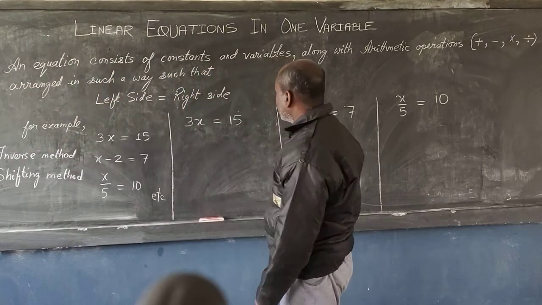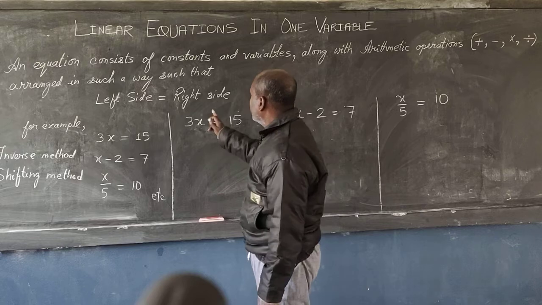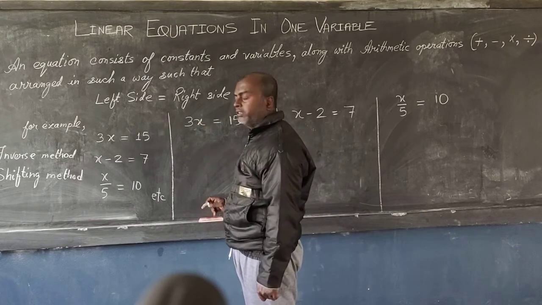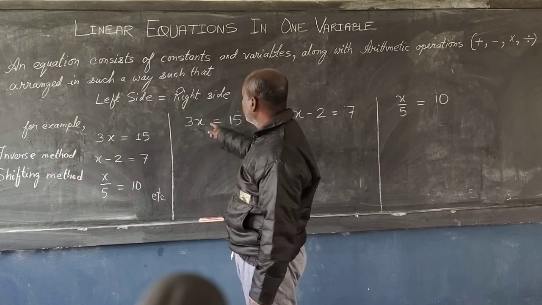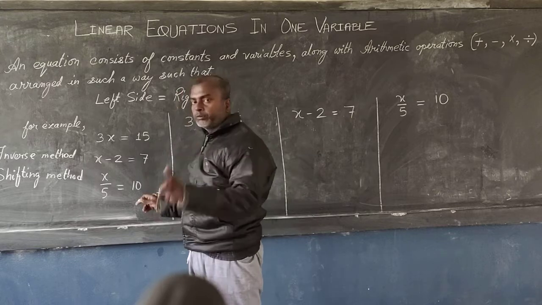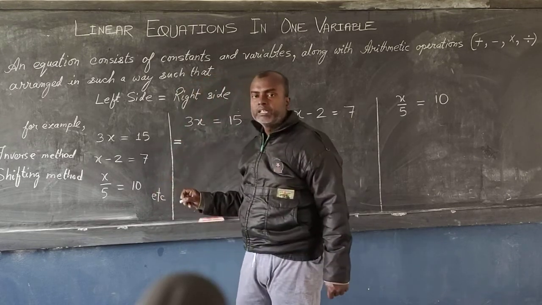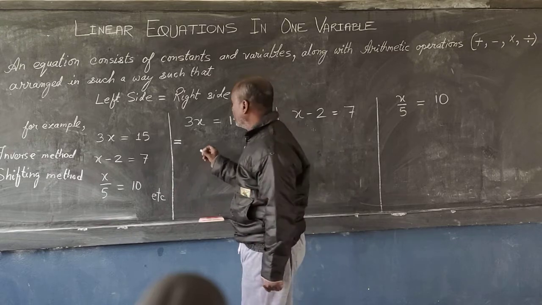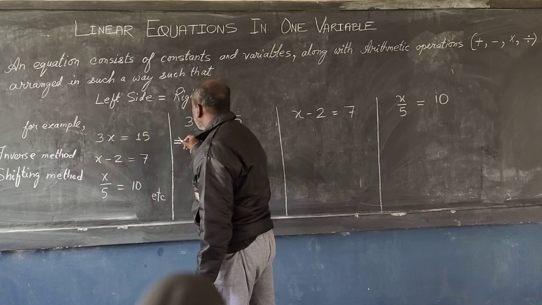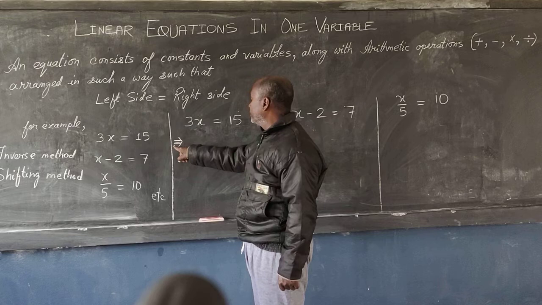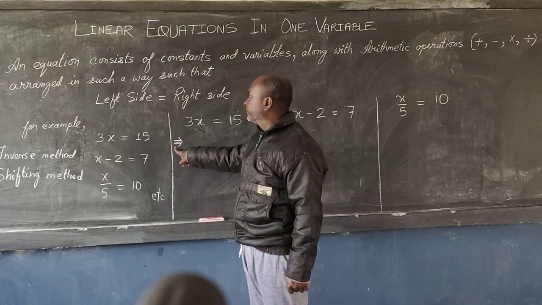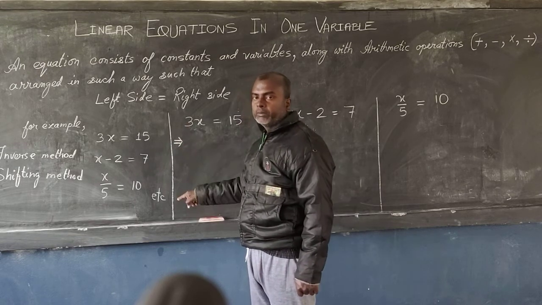Now, in the inverse method, let me explain how we find the value of x for this particular equation. There is one more thing. For each and every line that you begin in an equation to be solved, you cannot give an equal to sign. You have to give this particular sign every line that you come across.